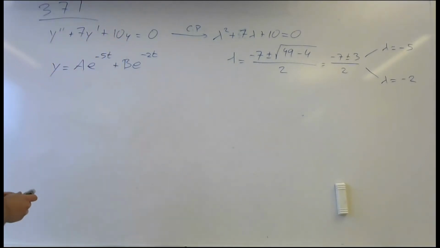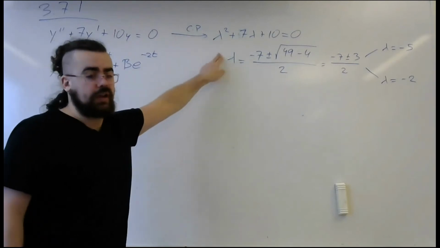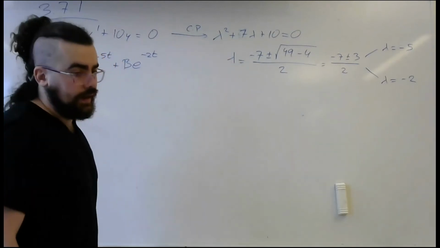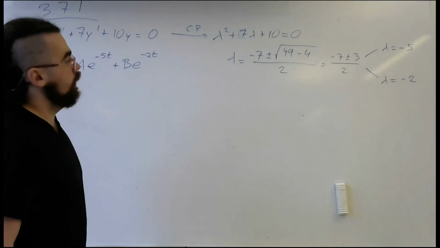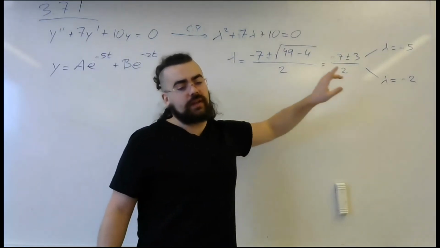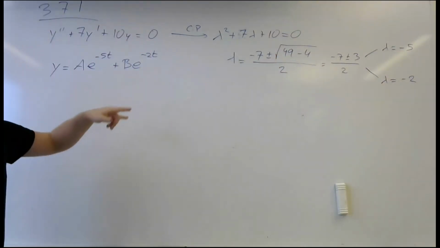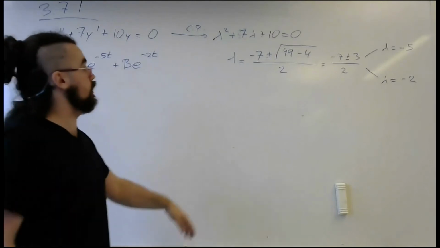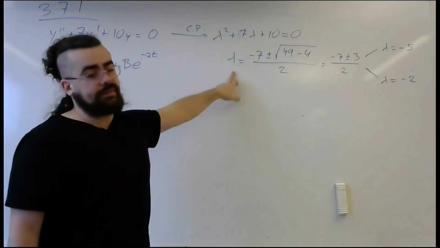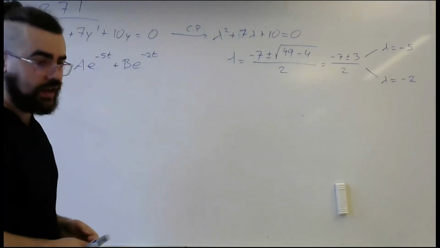You have no questions. You know how to calculate the characteristic polynomial. The book here uses R. I like to use lambda because these are called eigenvalues of the equation, and these actually are called eigenfunctions of the equation. The notation for eigenvalues is always lambda. That's why I like to use it, but the book here uses R.